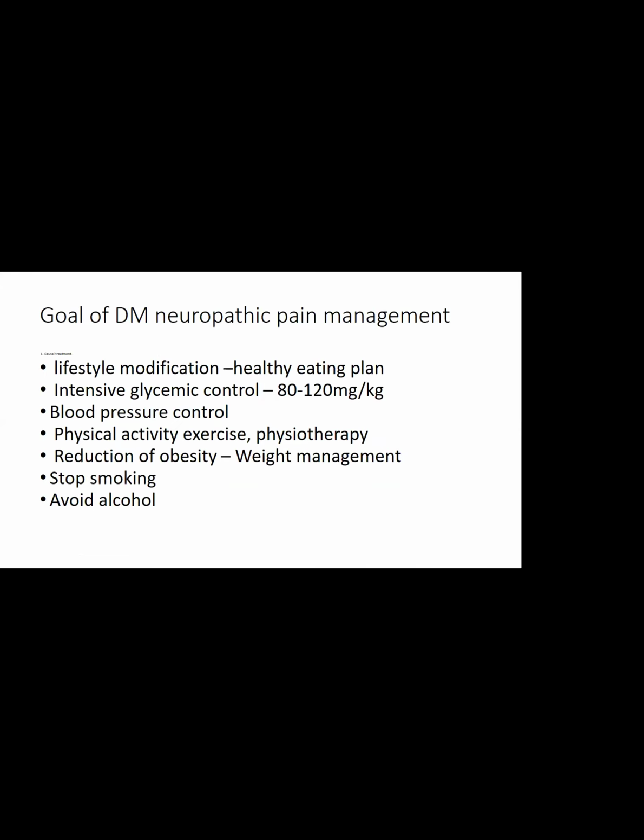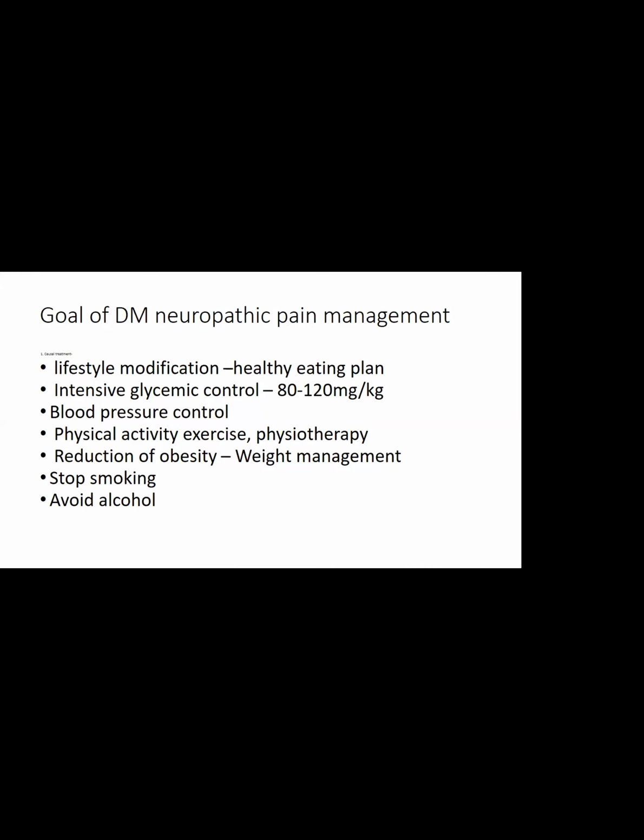Intensive glycemic control: the patient is diabetic, and chronic hyperglycemia has been known to cause diabetic neuropathy over time. So if the blood sugar is not well controlled, then the patient will develop diabetic neuropathy over time.